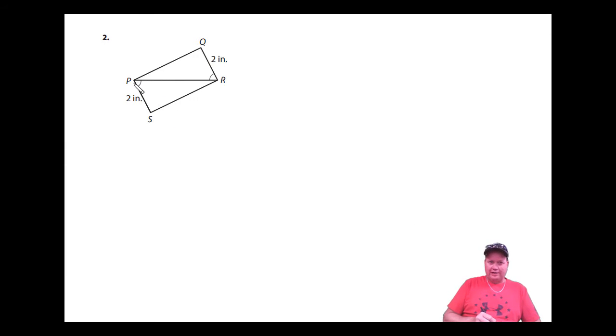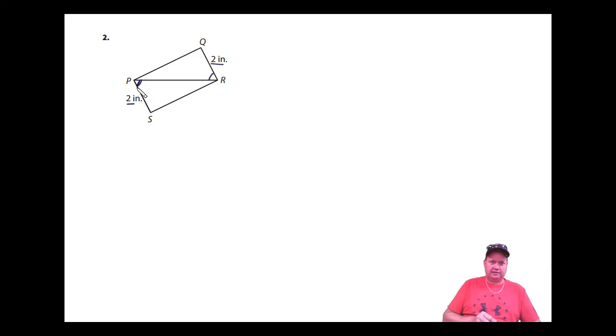Here's a rectangle that's got a diagonal drawn across it, and we are given now that this angle, which would be called angle SPR, that's this one, is congruent to this angle. And I see that I have a 2-inch side. So I know I have a side and an angle, and if I draw the triangle, it'll show you what the included side is.